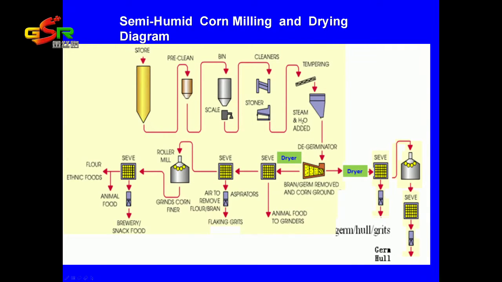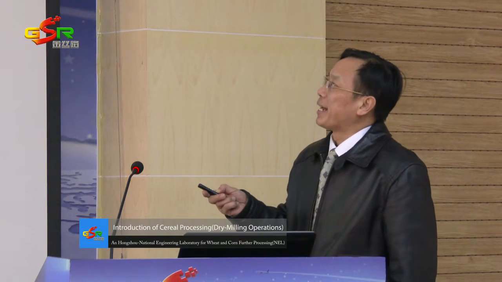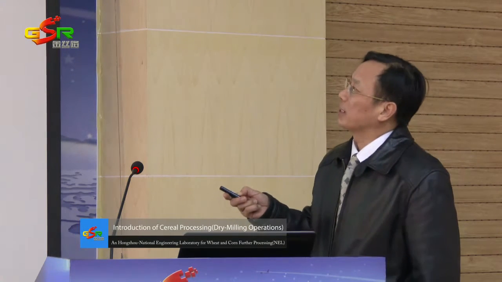And this is dry milling for the corn, and in this milling we should use the dryer to dry the material. Just because after the cleaning of the corn processing, the cleaned corn should use the conditioning, using the steam to condition the corn.